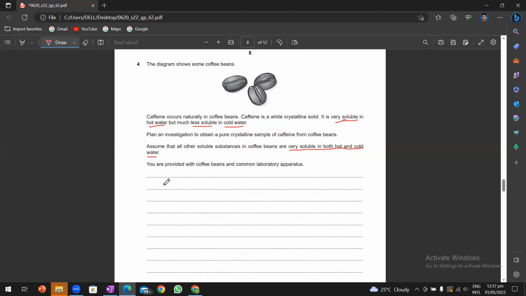For that purpose, first of all, we have to select the solvent, which is already given in this question, and it is water. We have to select a solvent in which the impurities are more soluble, and the substance that has to be crystallized out should be less soluble in it.